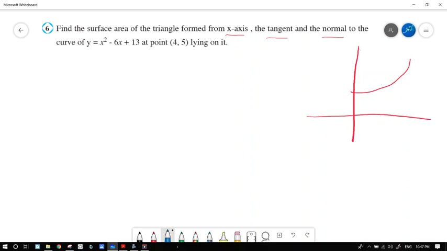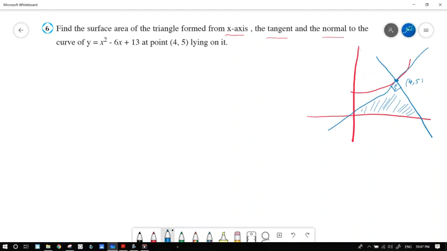For this curve we have a tangent. Let's assume that this is the tangent, and this is the normal to the tangent. So they are perpendicular to each other at this point, and the point of tangency is (4, 5), and what is needed is the area of the triangle formed from the x-axis, the tangent, and the normal to the tangent.